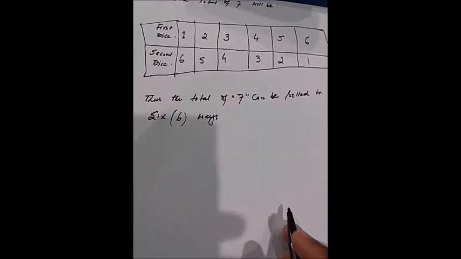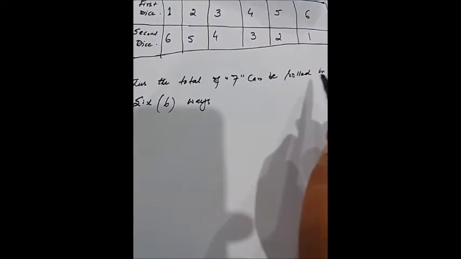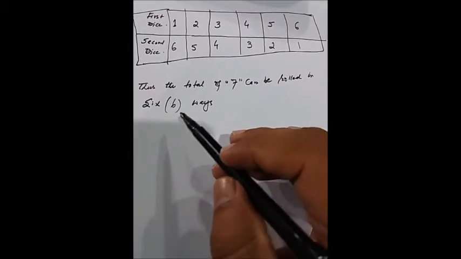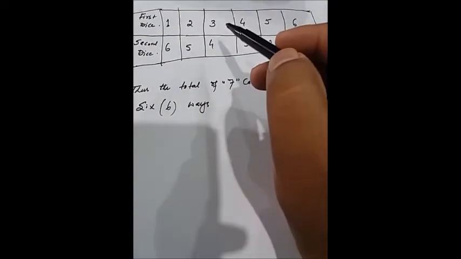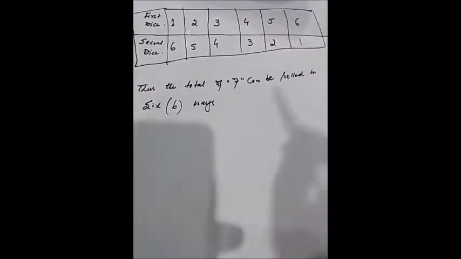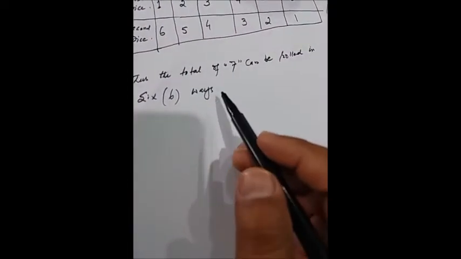What we obtained is that the total of 7 can be rolled in 6 ways, as we have already made the experiment with the two dice with the 6 ways.